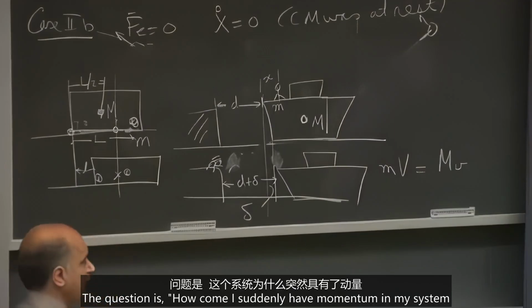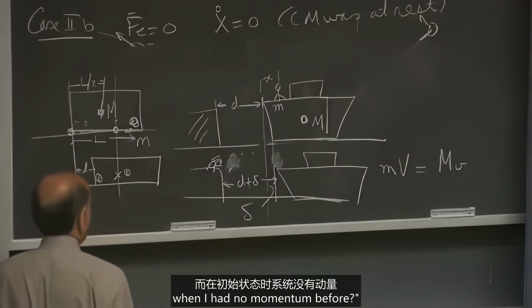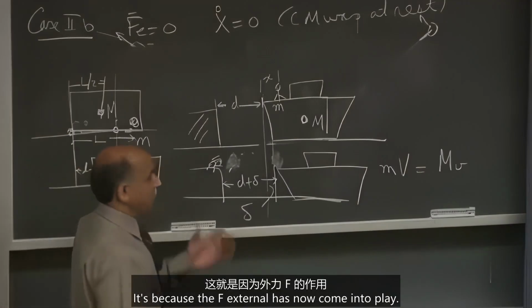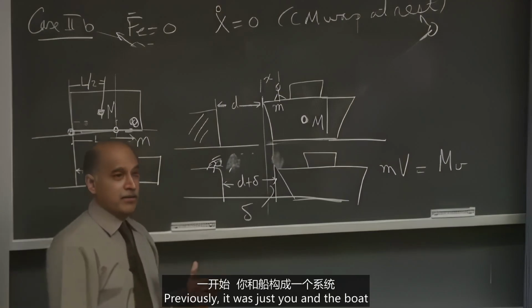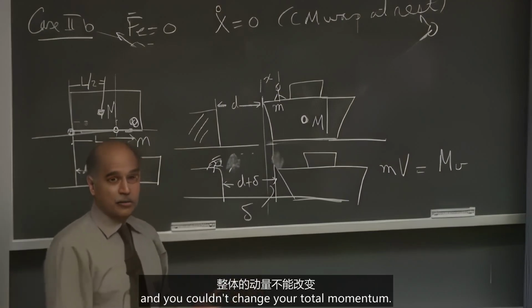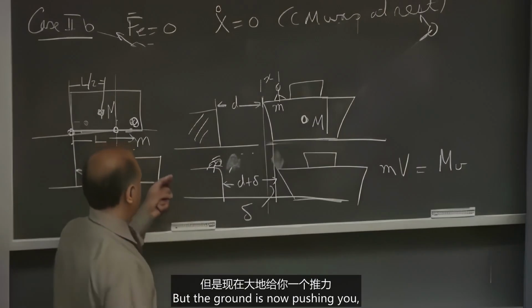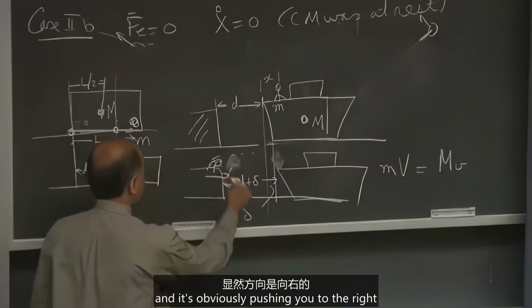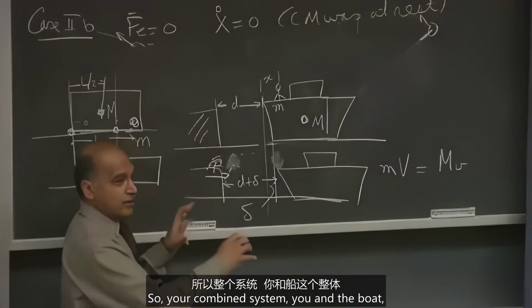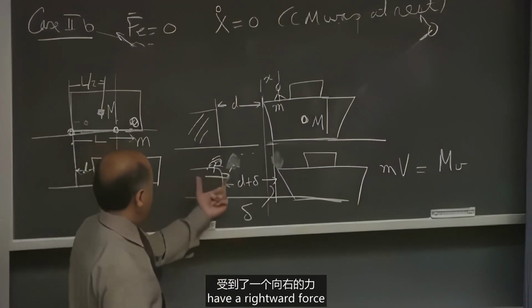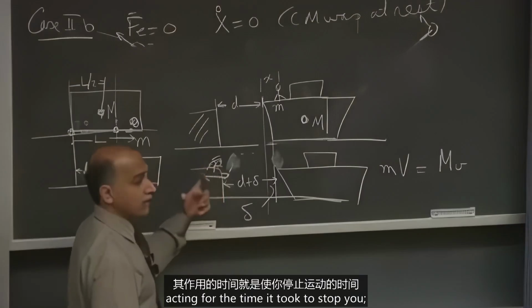The question is, how come I suddenly have momentum in my system when I had no momentum before? It's because the F external has now come into play. Previously, it was just you and the boat, and you couldn't change your total momentum. But the ground is now pushing you. It's obviously pushing you to the right because you were flying to the left and you were stopped. So your combined system, you and the boat, have a rightward force acting for the time it took to stop you.